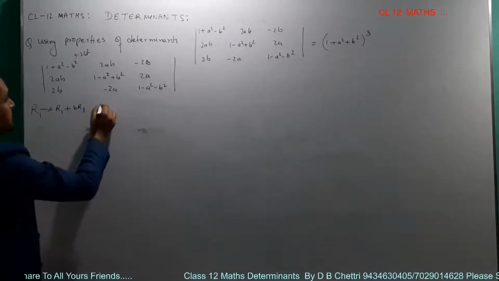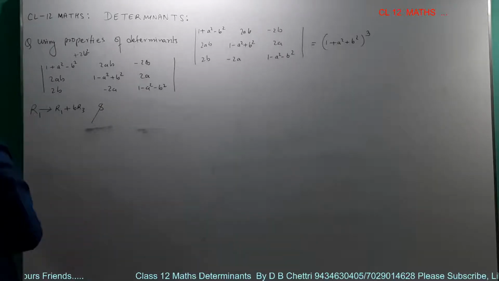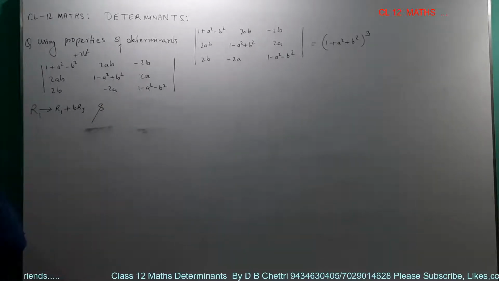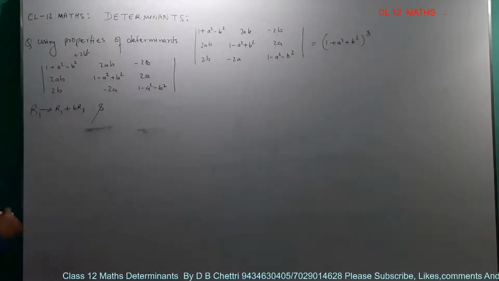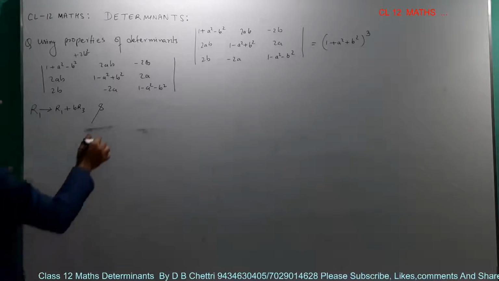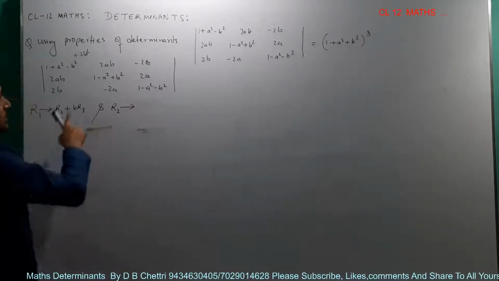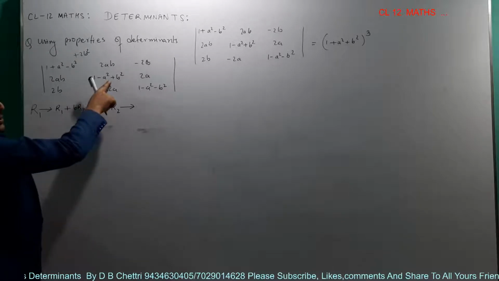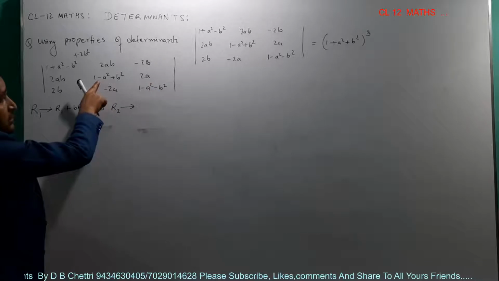And similarly R2 changes to what we need here: 1 plus A square plus B square according to our required factor. We are going to make plus A square here.